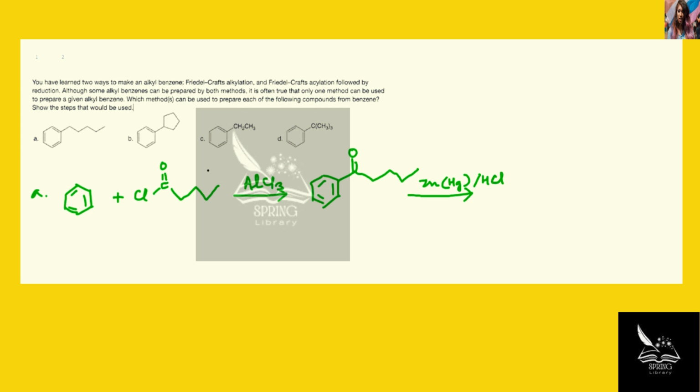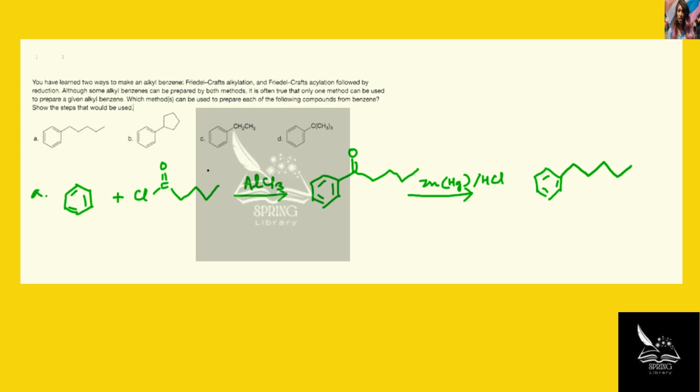And finally, the CO group is converted to a CH2 group. So in the benzene ring, we are getting the required compound. So the product is formed by this method here.